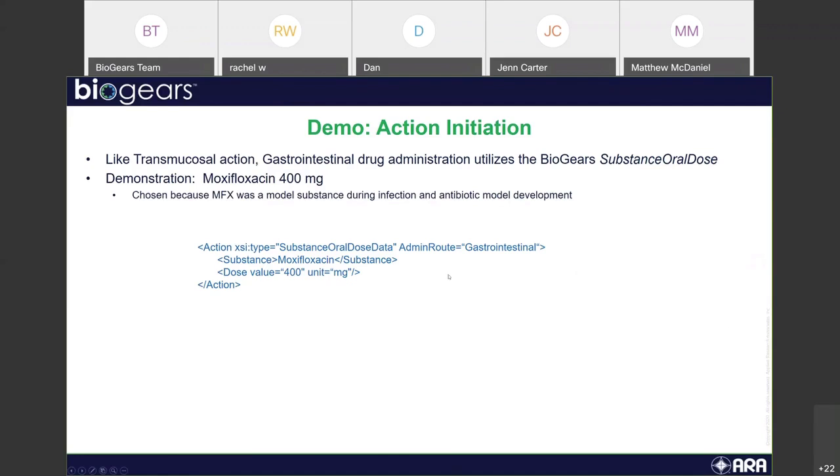And so we give a fairly standard dose of 400 milligrams. And again, it's the same format as the transmucosal action. You just specify a gastrointestinal route as opposed to a transmucosal route.